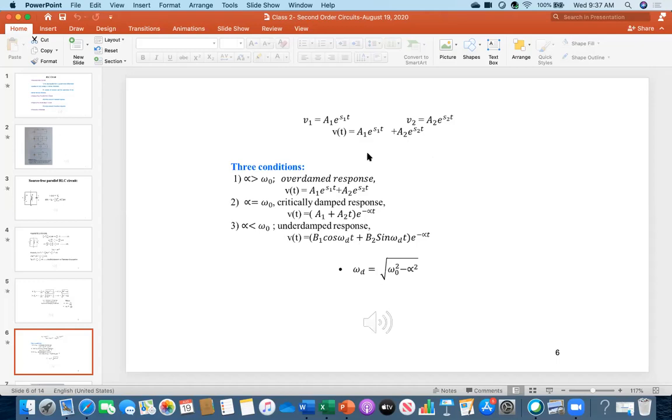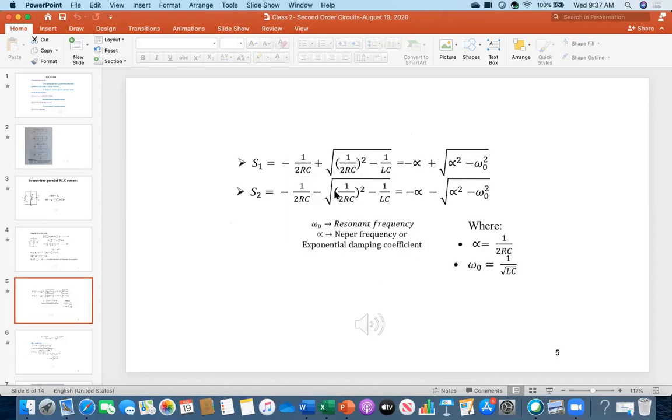Now everybody see that in the solution, there are two constants, A1 and A2, and two other parameters, which are S1 and S2. Now look at these expressions. Here there is a plus sign and here there is a minus sign.